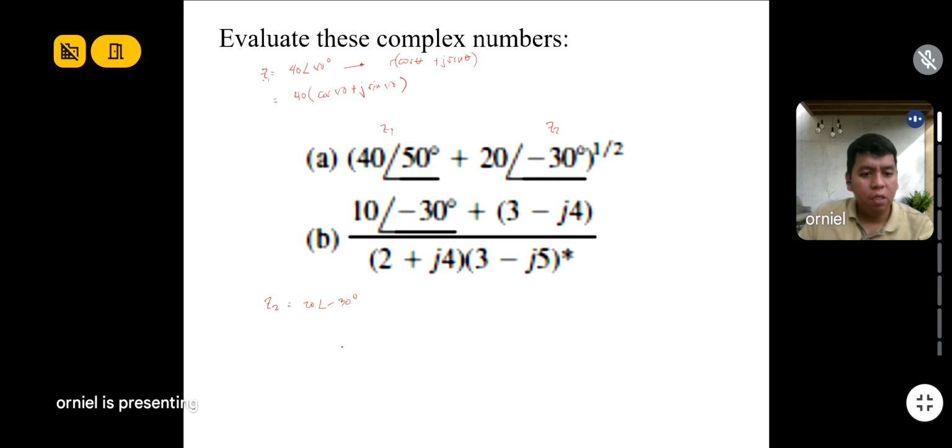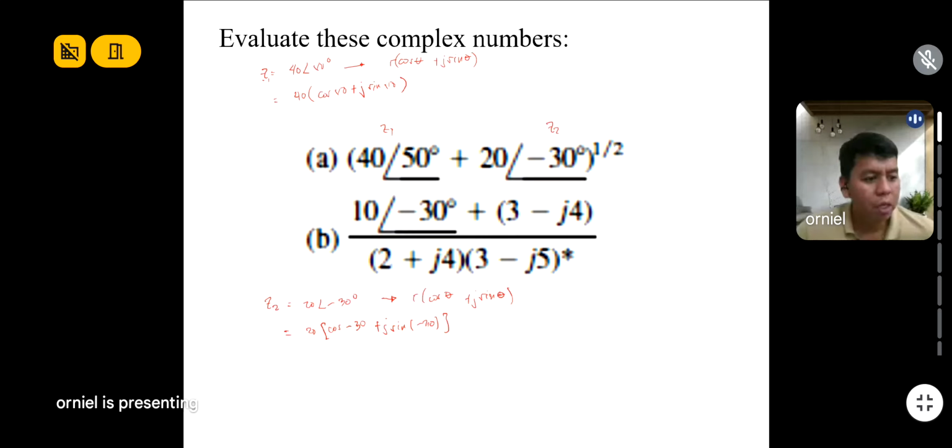The same process: R cosine theta plus J sine theta. So we have 20 cosine negative 30 plus J sine negative 30. That is how we convert into rectangular form.